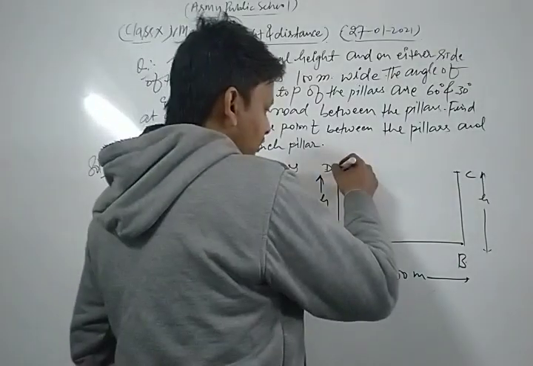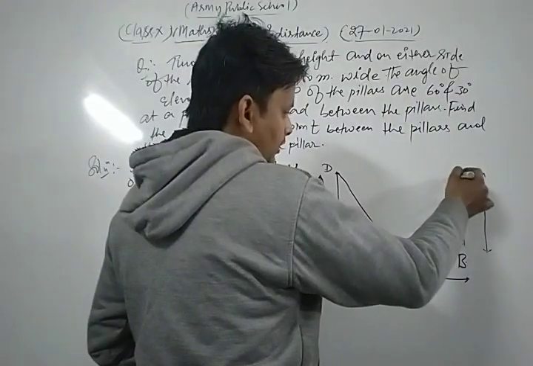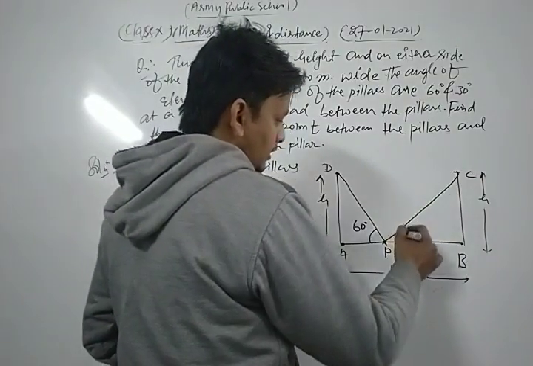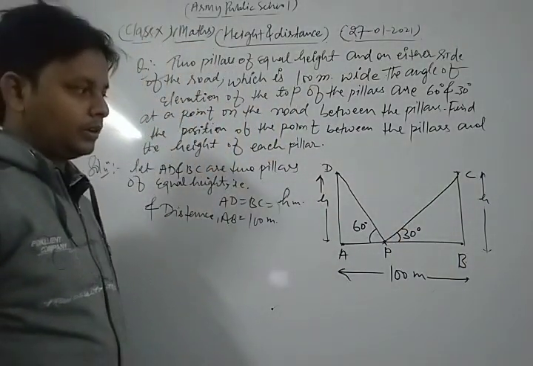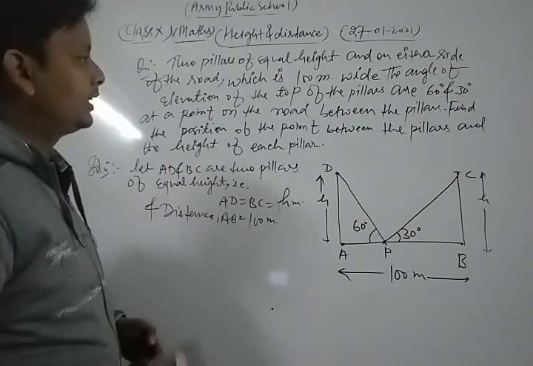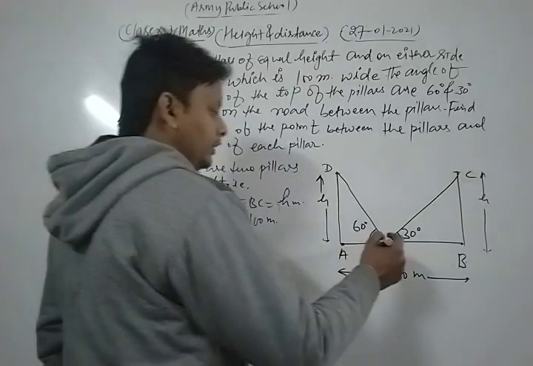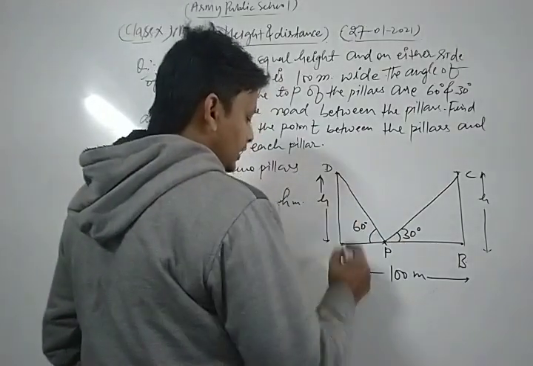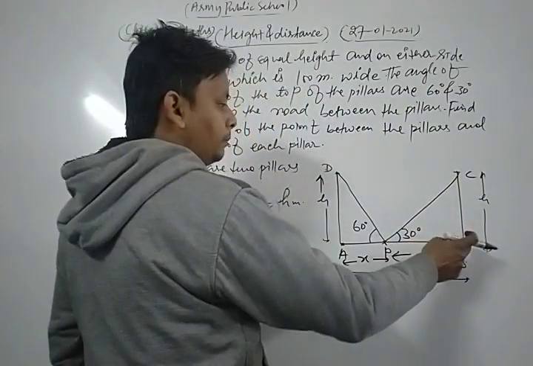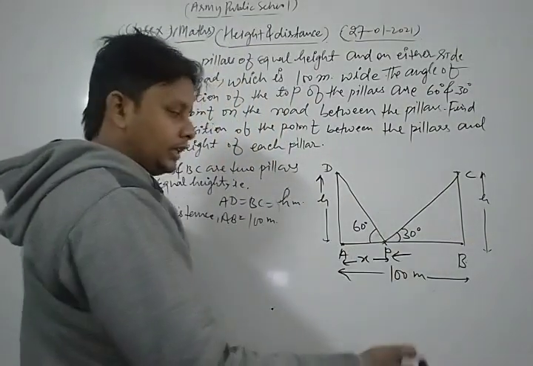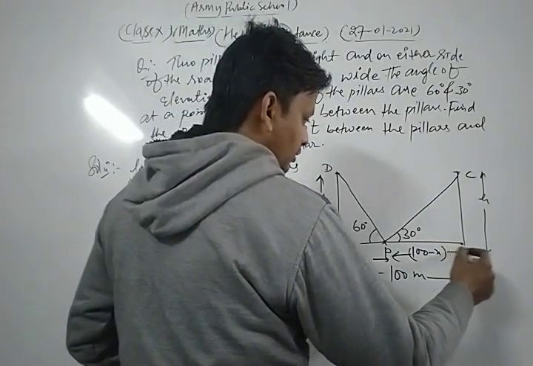Suppose the distance between that point and the first pillar AD is X, then the distance between the point and the other pillar is 100 minus X.